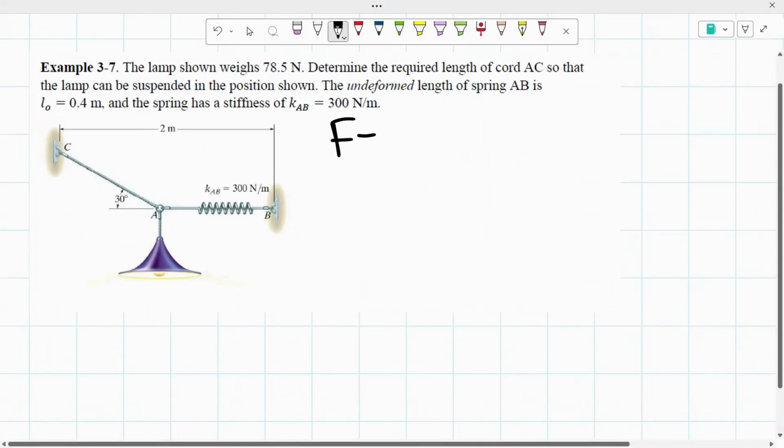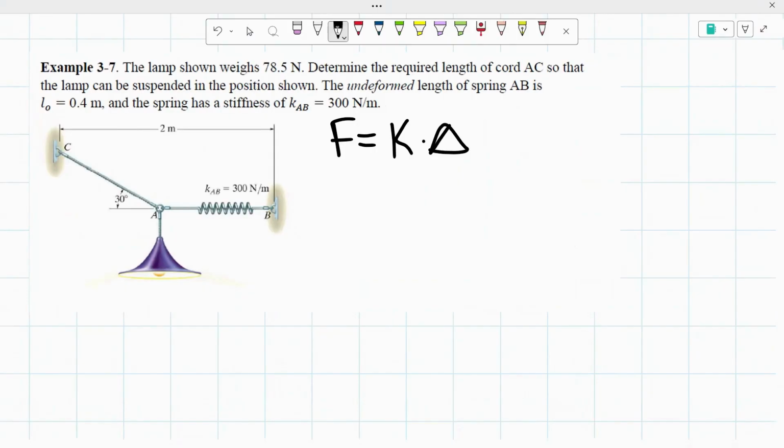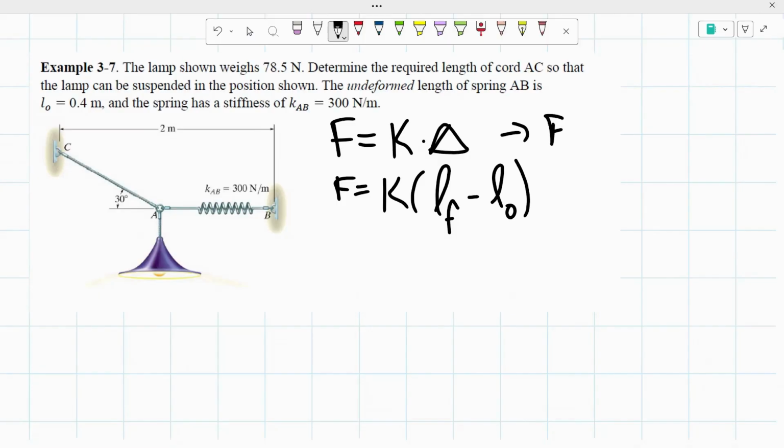So remember that force is equal to stiffness times delta. So that could be rewritten as force is equal to stiffness times length final minus length original. And this equation can be rewritten as force of AB is equal to the stiffness of AB times the deformation or delta of AB.